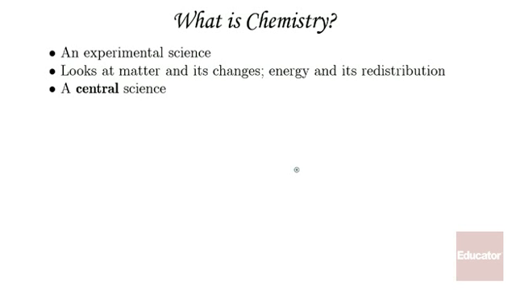Chemistry is also a central science. What do I mean by that? Chemistry links together many other sciences in a central mode, a central vein. Let's look at that schematically. We have chemistry in the center.